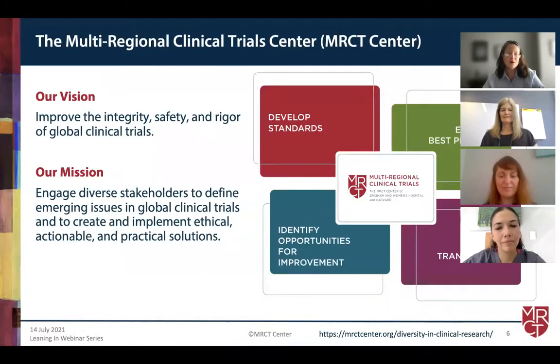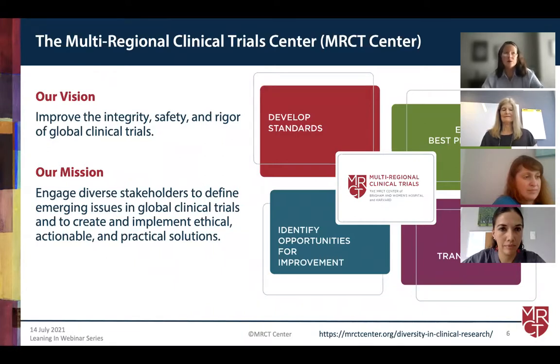So I think most people on the call know the MRCT Center, the Multi-Regional Clinical Trial Center. We're a research and policy center at Harvard Medical School and the Brigham and Women's Hospital, dedicated to the ethics, conduct, and regulatory environment of international clinical trials.